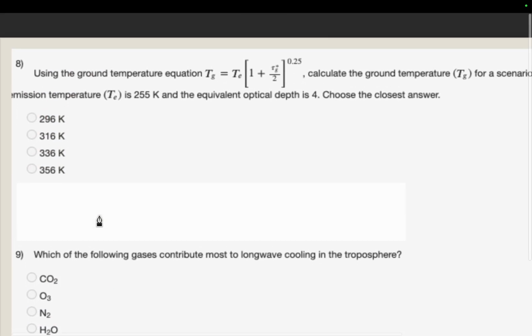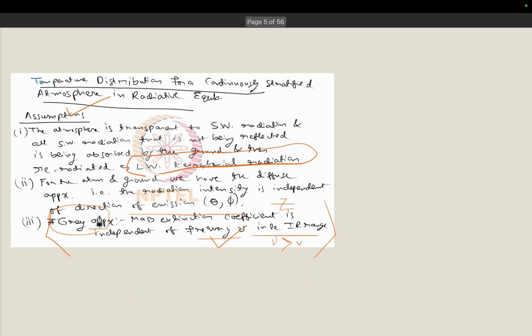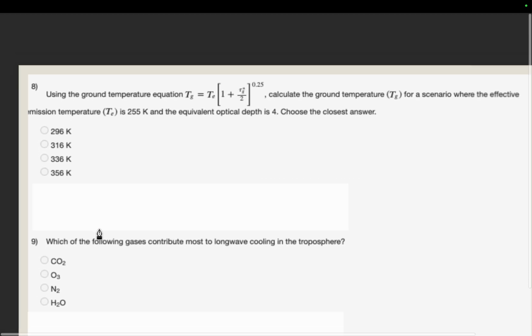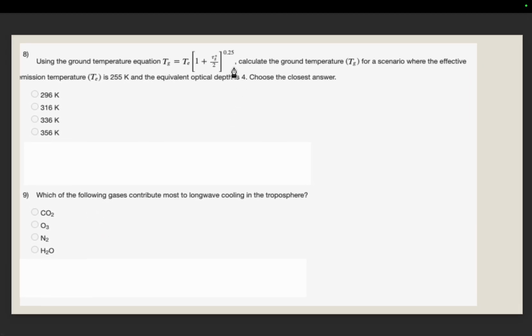Now in this radiative equilibrium model, the ground temperature can be written as a function of the emission temperature and the effective equivalent optical depth. This formula has been discussed in our lecture.